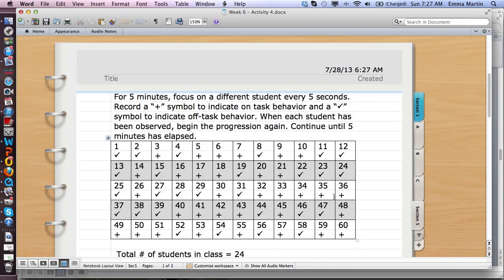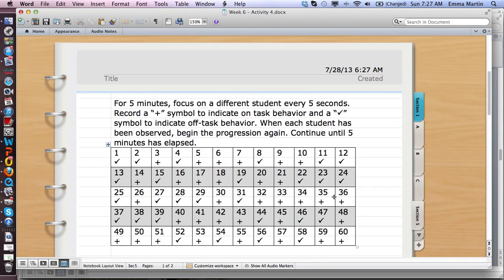If we look at the next page, what we're going to do is a 5-minute observation on different students every 5 seconds. We'll record a plus for on task, a check for off task, and when each student's been observed, we begin the progression again and continue until 5 minutes has lapsed. This is broken down into 60 different cells, and each cell represents 5 seconds.